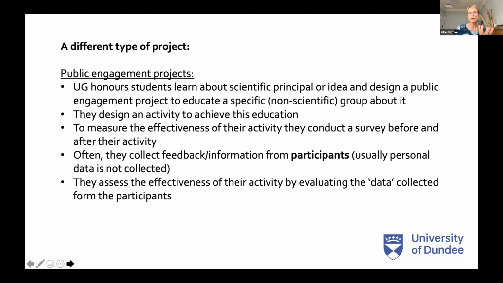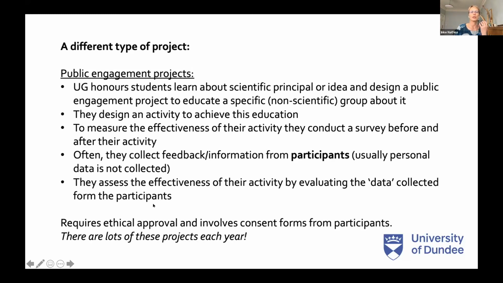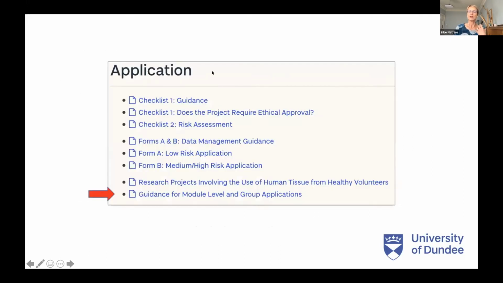And we have a lot of these projects, and they all require a low risk, but they require ethical consideration and consent from participants. Because we have about between 20 and 40 students who undertake these different projects every year, we've added something to our process, and that's a guidance for how module level and group applications can be processed.